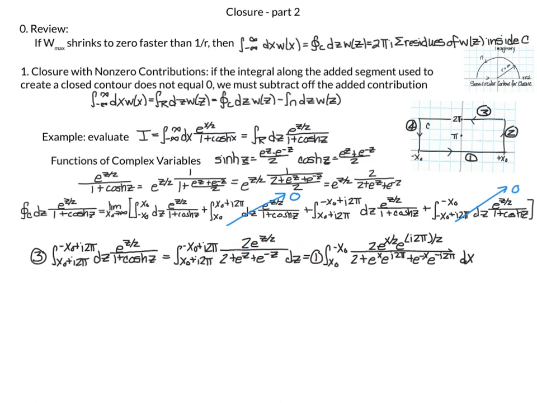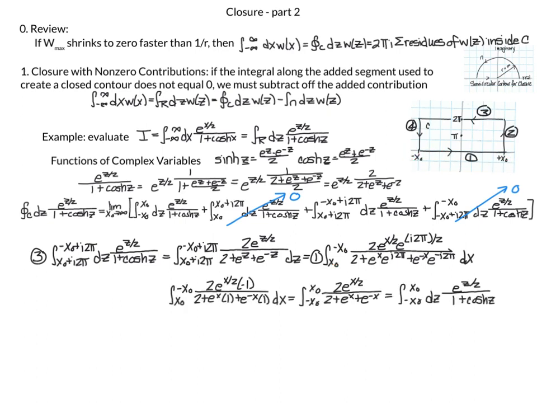As I mentioned, the integrand itself is the same, and we'll see that the limits of integration from x naught plus i 2 pi are equal to the same limits of integration from x naught to minus x naught. That's on path number 1 here. I'm going to use this form with x naught to minus x naught just because it's a little shorter to write.